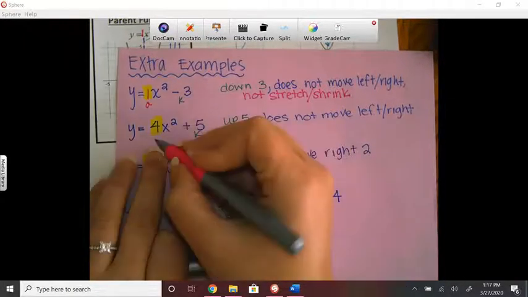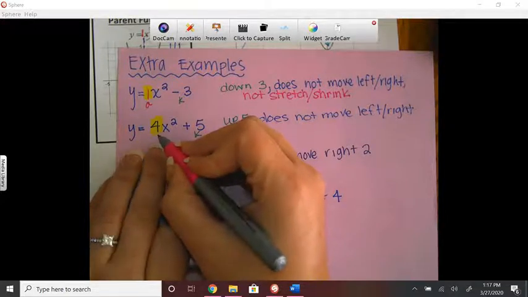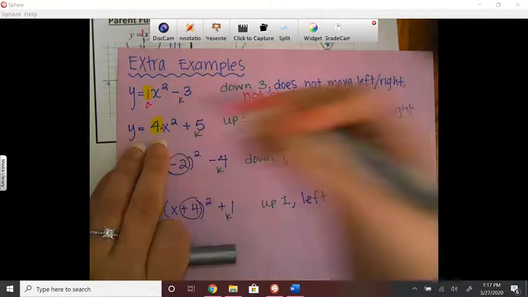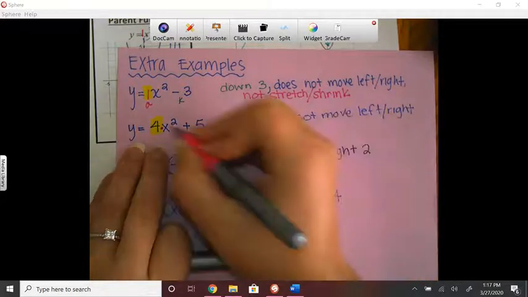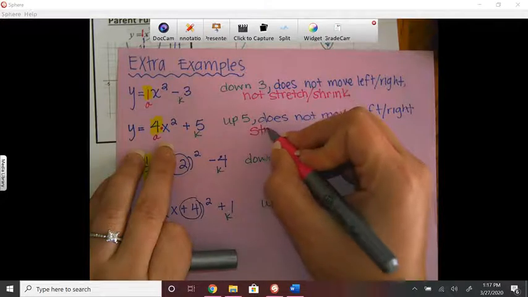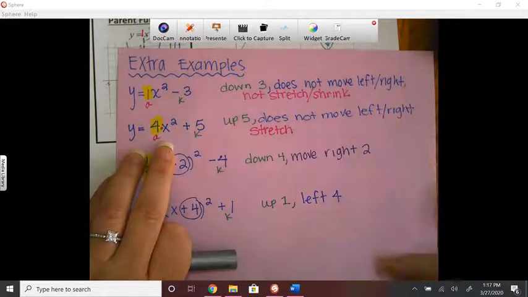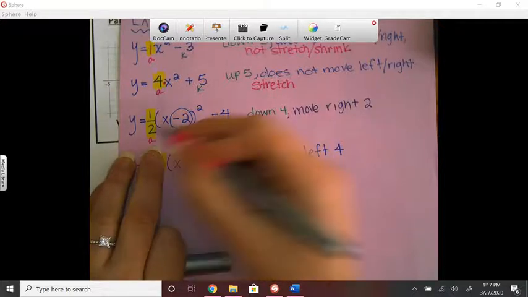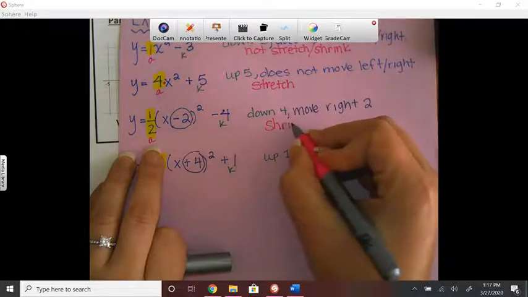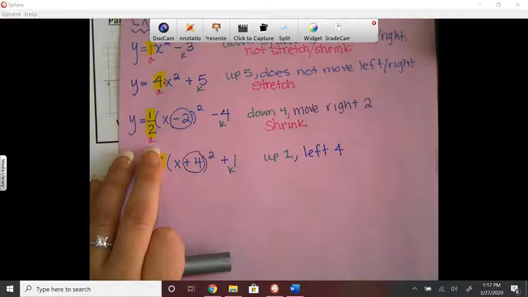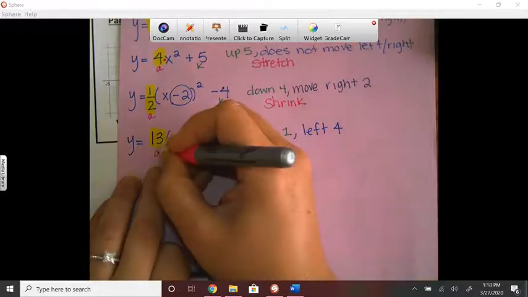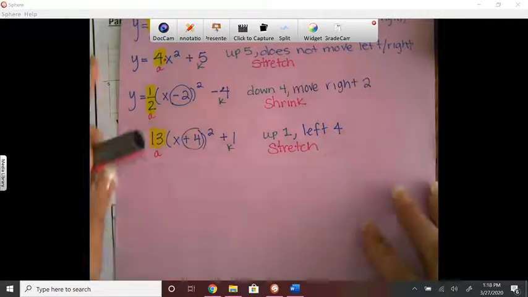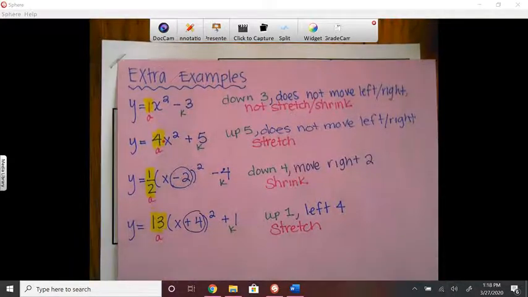Now this one's a 4. That's a high number. If you're going to end up having to multiply by 4, your output's going to get really big. So the 4, the a value, is going to stretch the graph. Now this one here is a small value, so it will shrink the outputs, causing it to look wider. And then this one's 13. That's going to really stretch the graph.